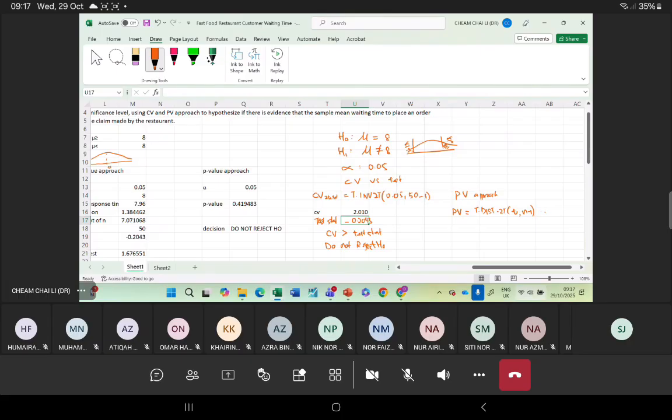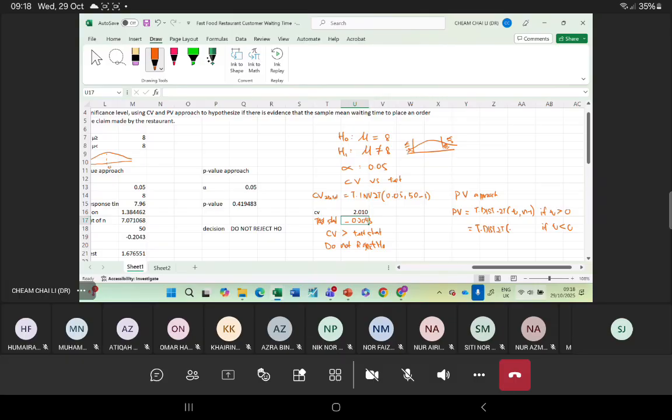Okay, you use this if your t is greater than 0. Maksudnya your t is in positive value. If your t is less than 0, about negative, then you should use this t dot dist to tail.